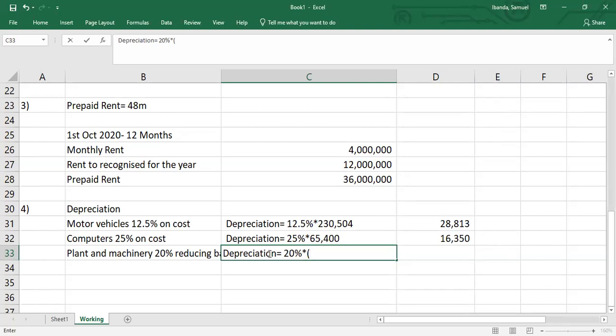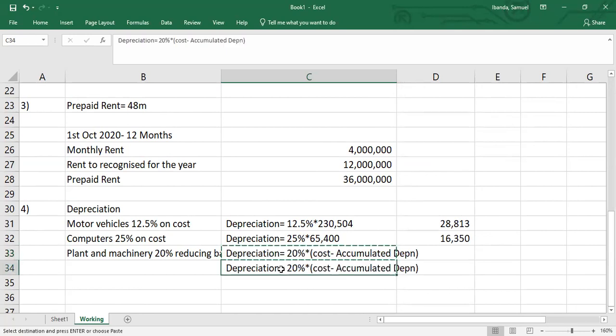So I'm going to get my cost less accumulated depreciation. And that is how the formula of reducing balance method works. Instead of applying it at cost, we apply it at the net book value or the carrying amount. So I'm going to substitute this accordingly.